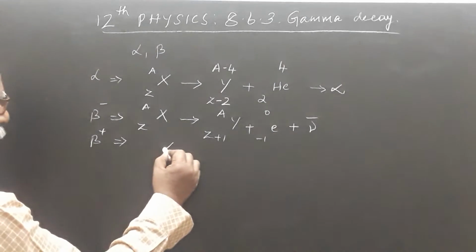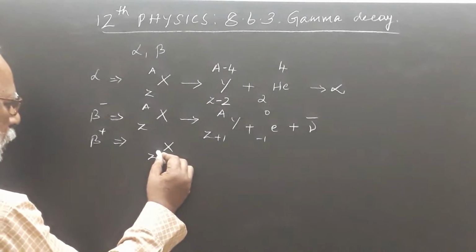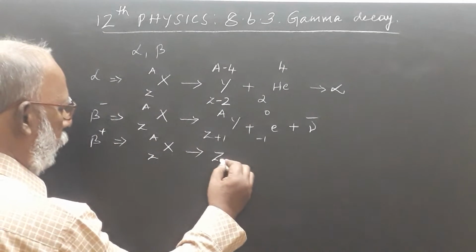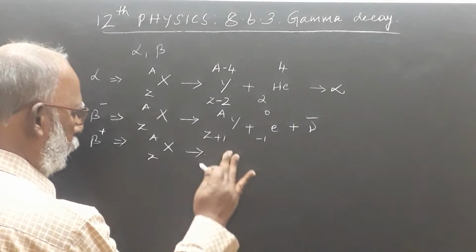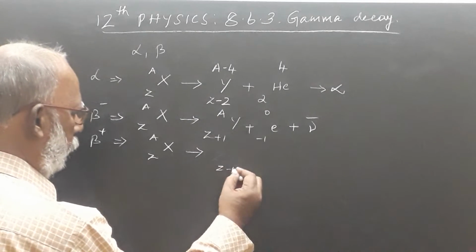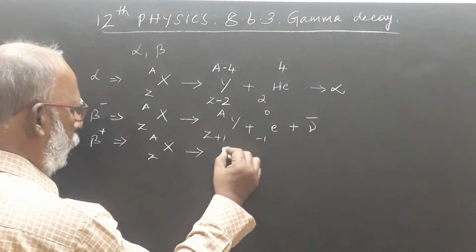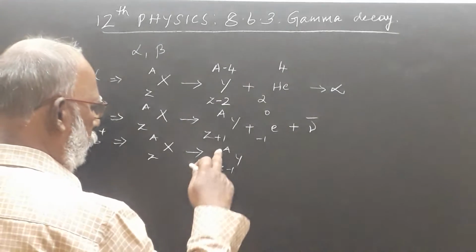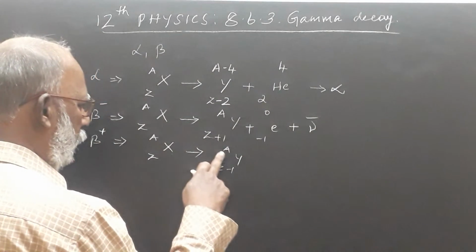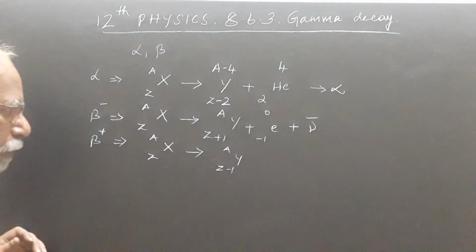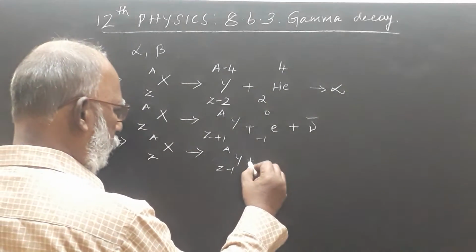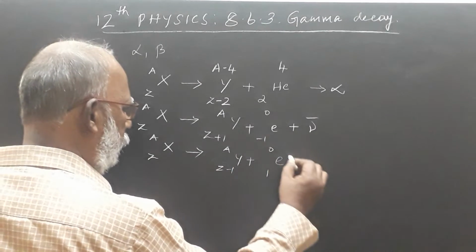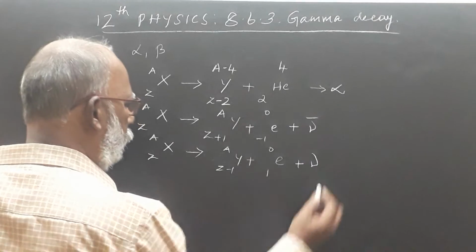ZXA becomes Z minus 1 Y, and the mass number remains unchanged, which is A. Here, instead of electron, we are considering positron, and here the neutrino.